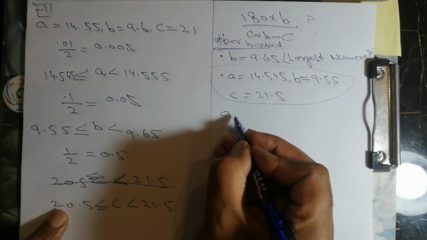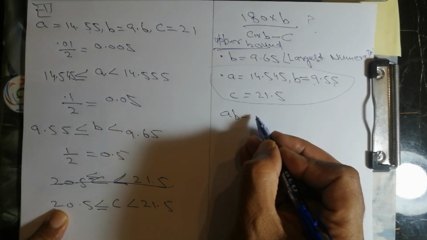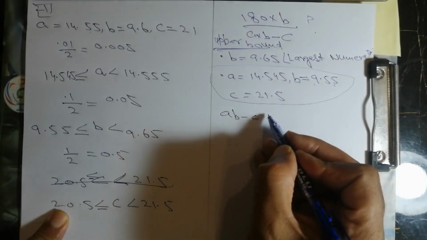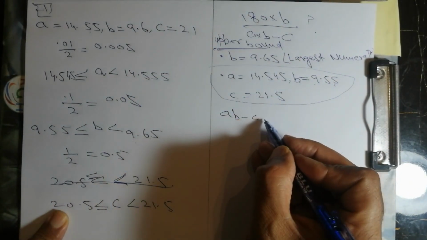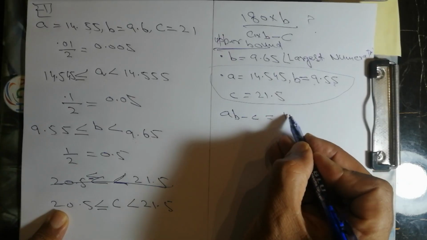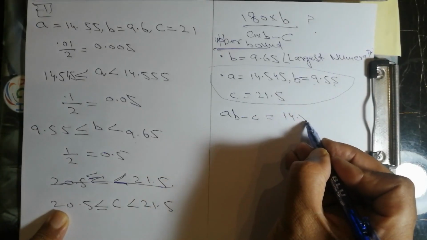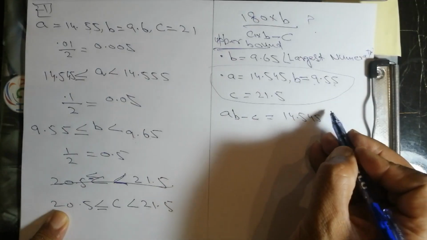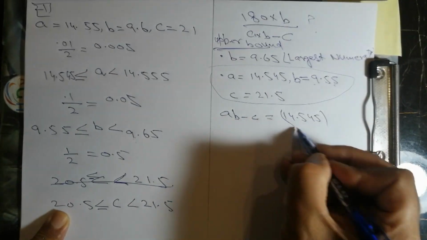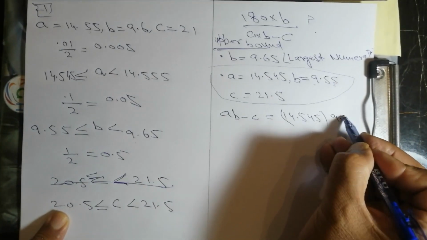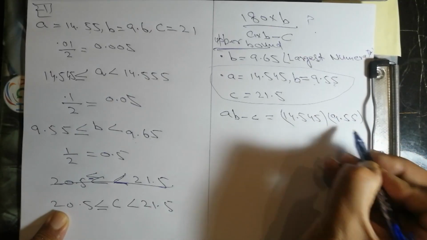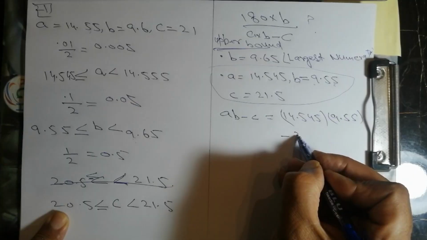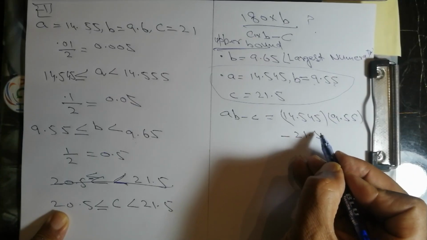So AB minus C, which is the denominator, means A multiplied by B, that is equal to 14.545 into 9.55 minus 21.5.